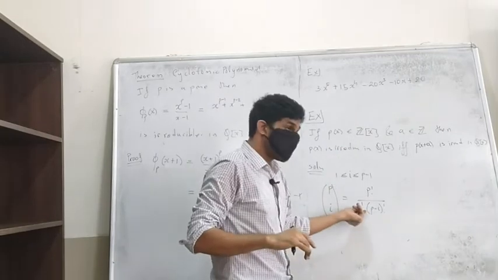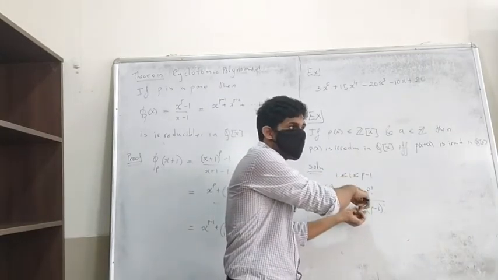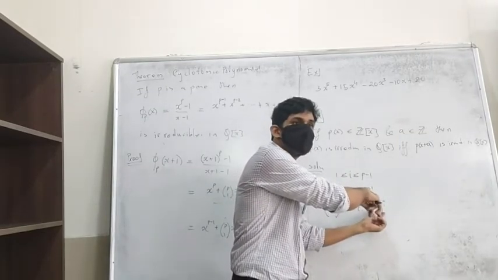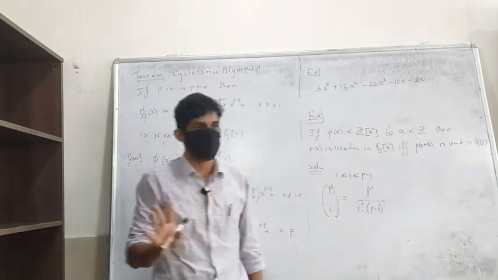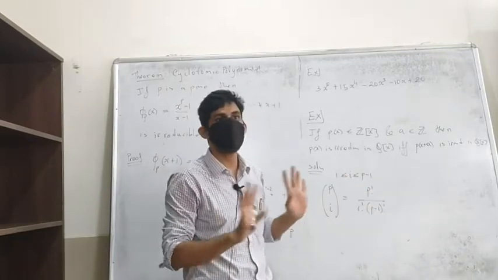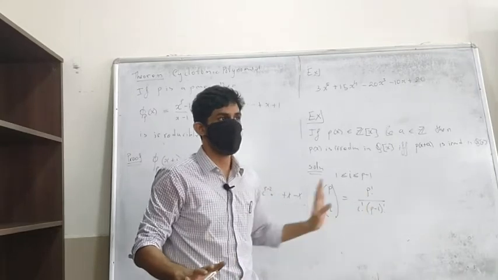The denominator has no p in it because i is less than p, and similarly p minus i is also less than p, so that p in the numerator will not get cancelled. In fact, you all must have done this proof even in number theory.